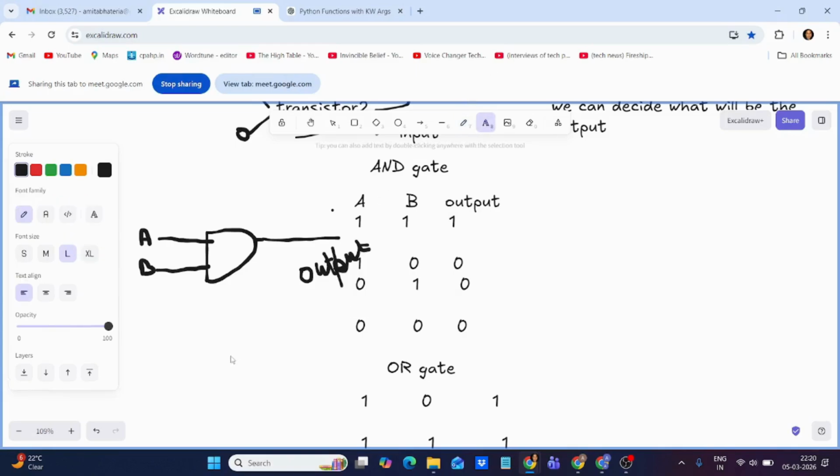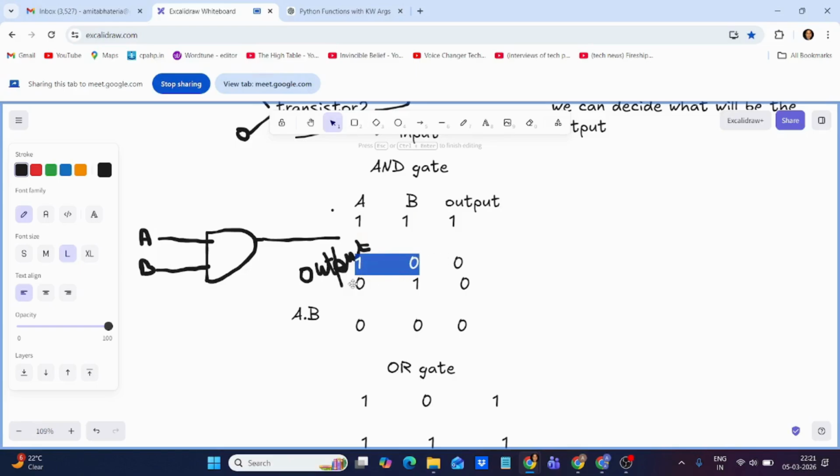And how can we calculate the AND gate? If we say A into B, A dot B, where dot means into, this is how we can calculate. So if we apply this formula for every input, the first input value of A is 1, B is 1, so 1 into 1 becomes what? 1. And if A is 1, B is 0, so 1 into 0 is what? 0.